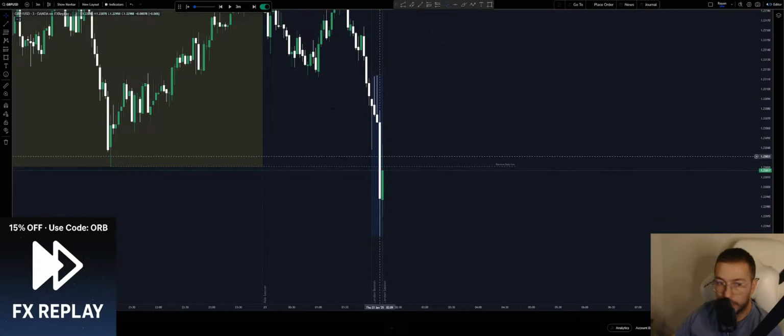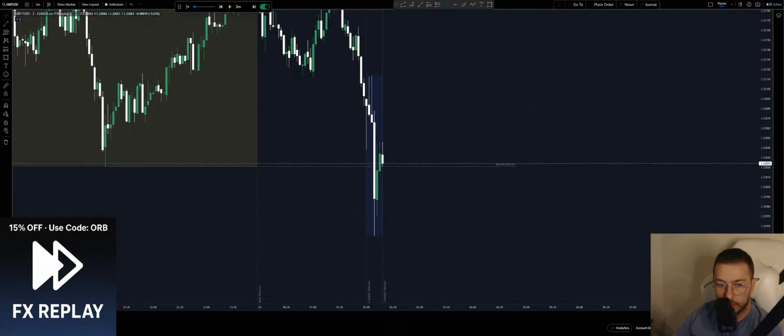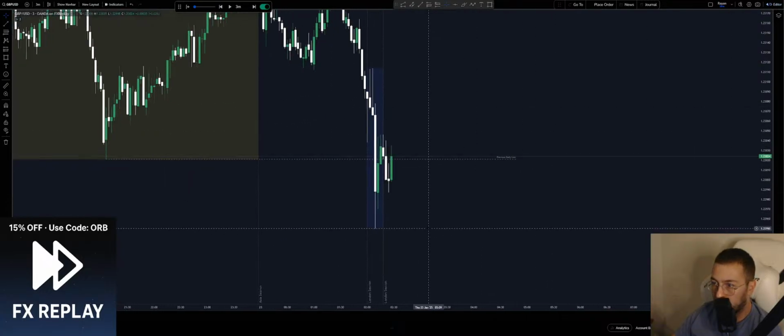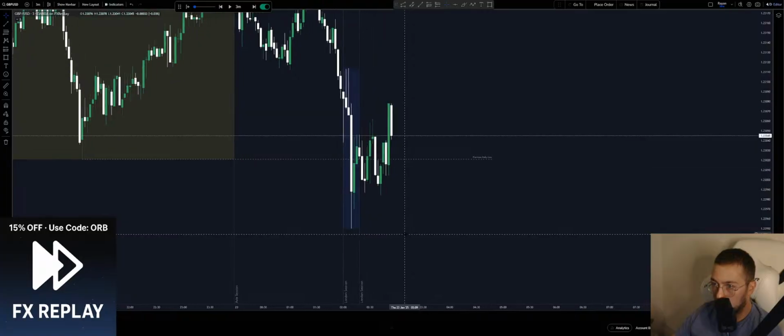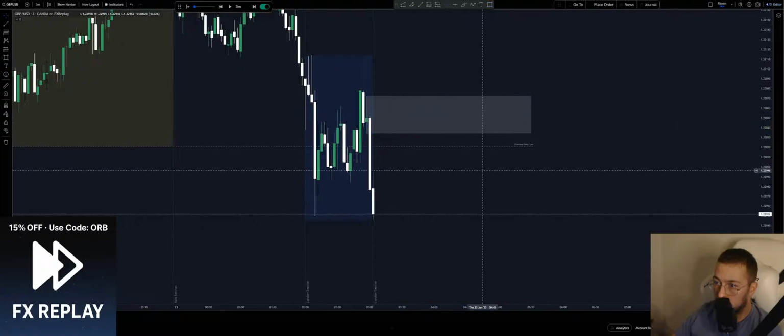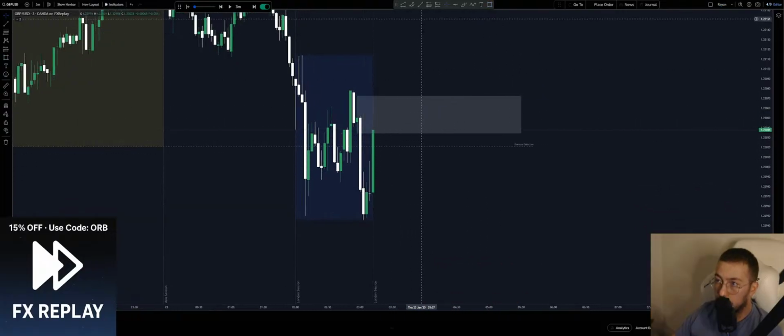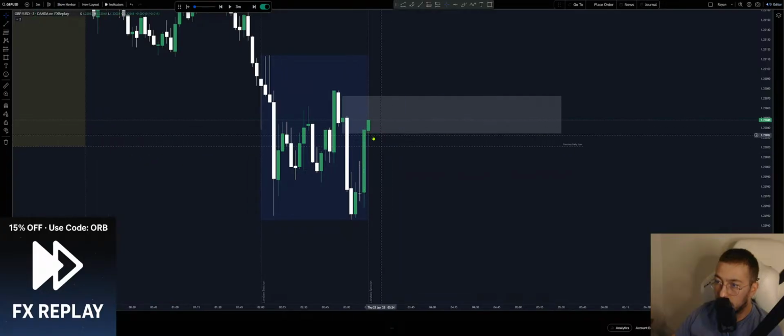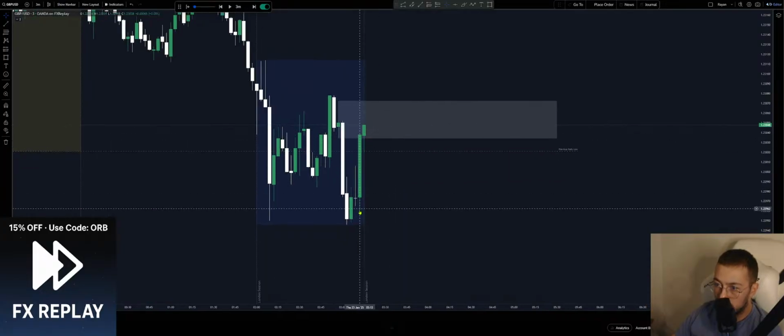Okay, our bias is bearish. Okay, we do have a supply zone here. Oh, the price retested that supply, but it's so far away to our entry here. So our entry shifted from here to here.